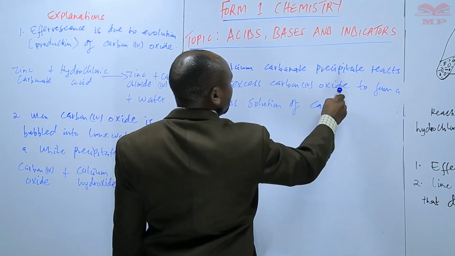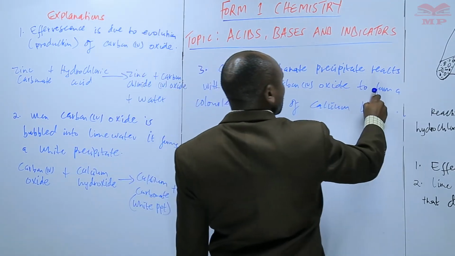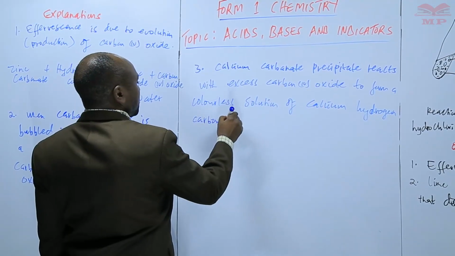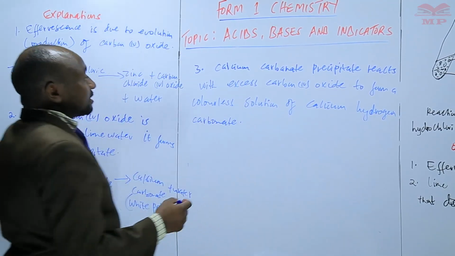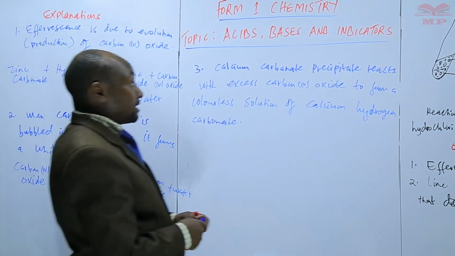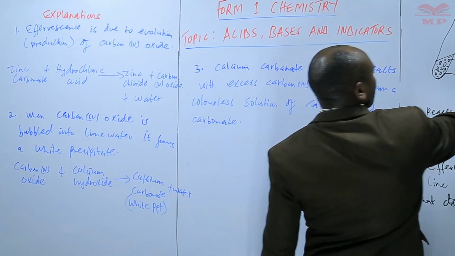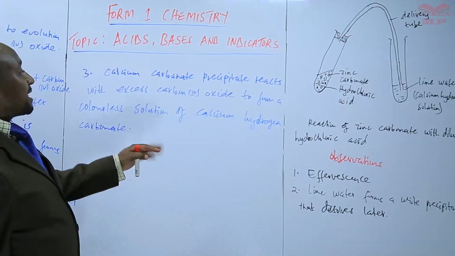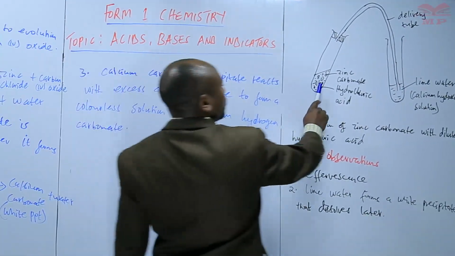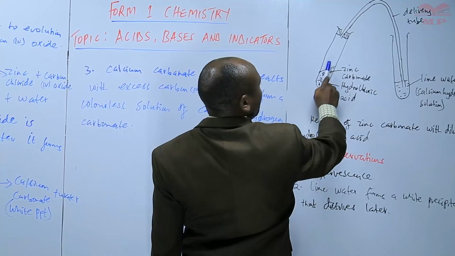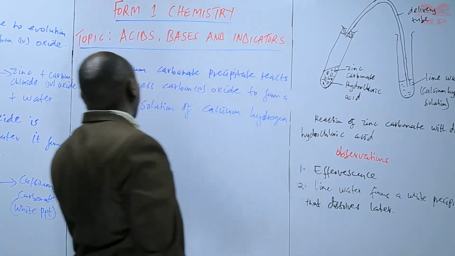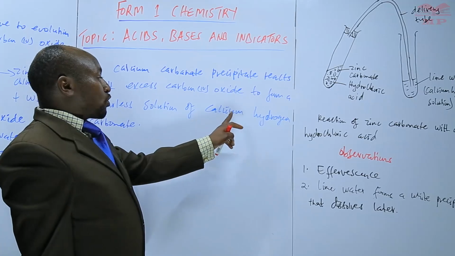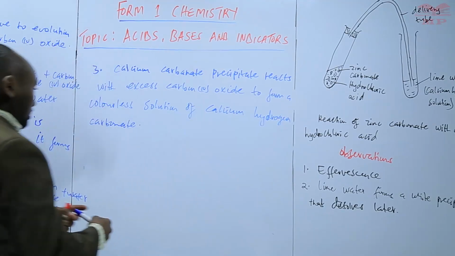So we are saying that the calcium carbonate precipitate that has formed in this test tube reacts with excess carbon 4 oxide that is coming from here to form a colorless solution. It becomes colorless due to the formation of calcium hydrogen carbonate.